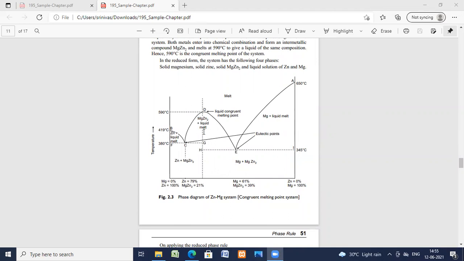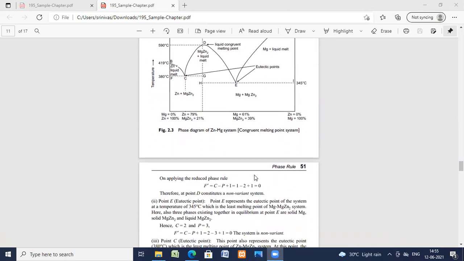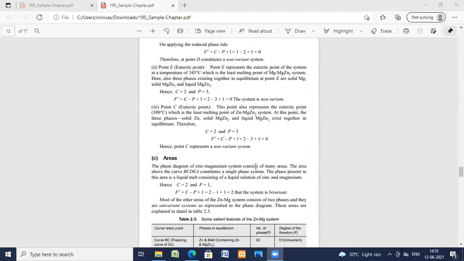Now for this area, this area, and this area, everywhere you take, you get two phases. And the number of components is 2. C is 2, P is 2 for all the areas.